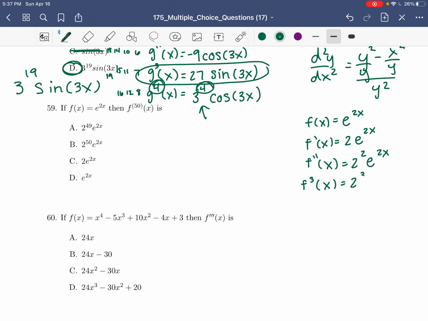Third derivative, 2 to the third e to the 2x. Fourth derivative, 2 to the fourth e to the 2x. So you can see the pattern here. This exponent is going to match whatever derivative it is, and then e to the 2x will come after it. So we can see that our answer should be B. If we're looking for the 50th derivative, it should match.